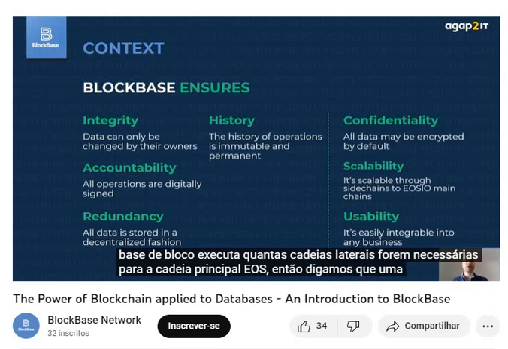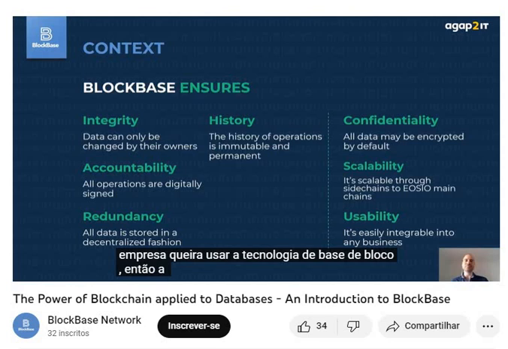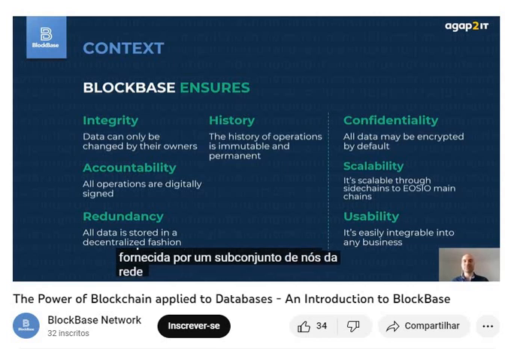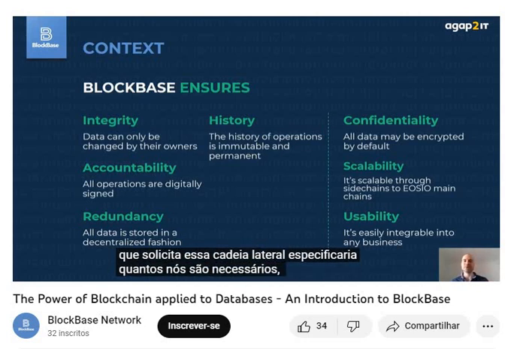Let's say one company wanted to use BlockBase technology, then the BlockBase network would spin up a sidechain for that company, and that sidechain would be provided by a subset of nodes of the network. And in fact, the company requesting that sidechain would specify how many nodes it required.